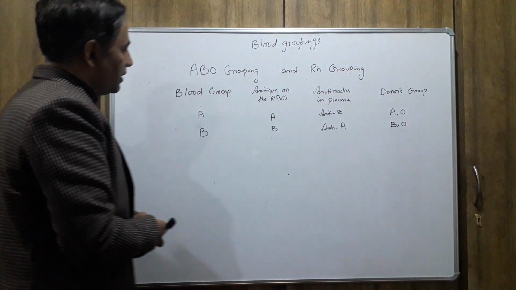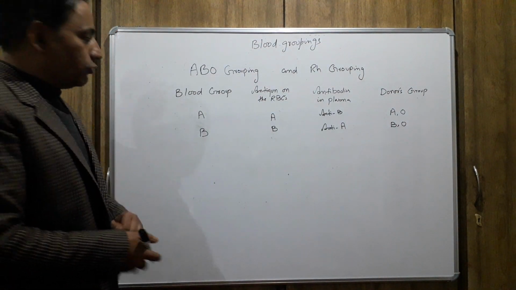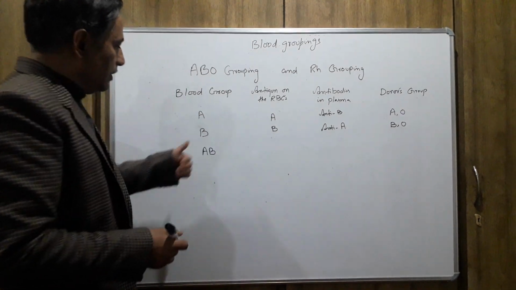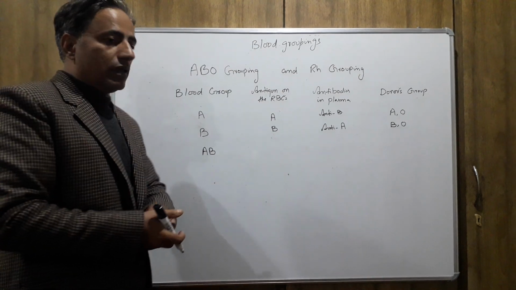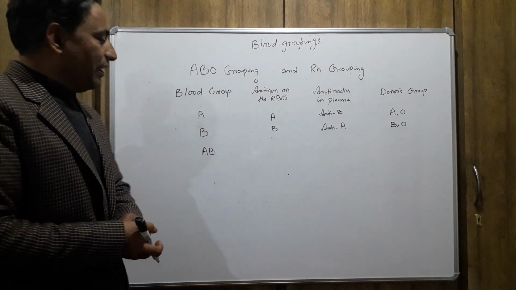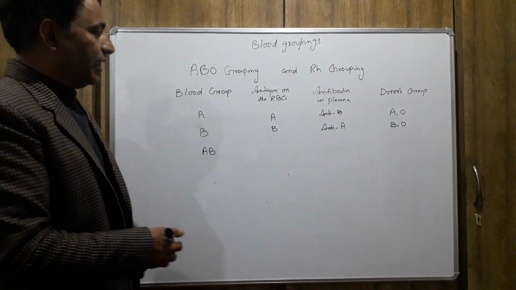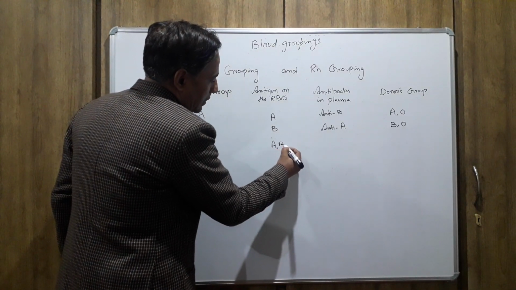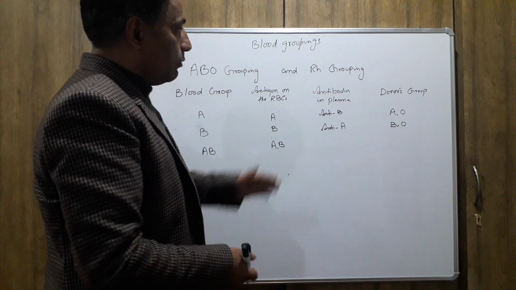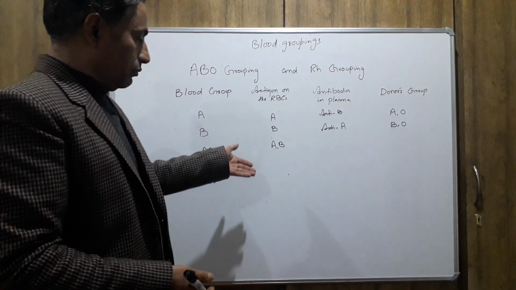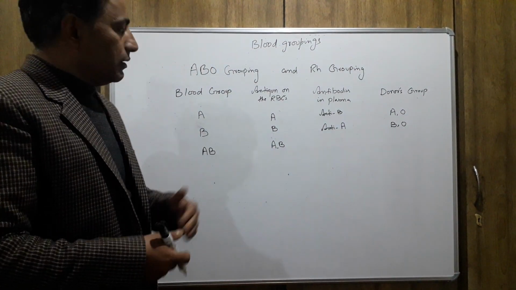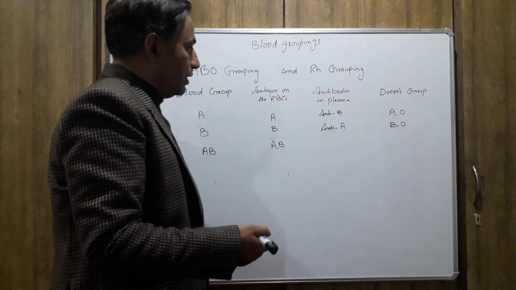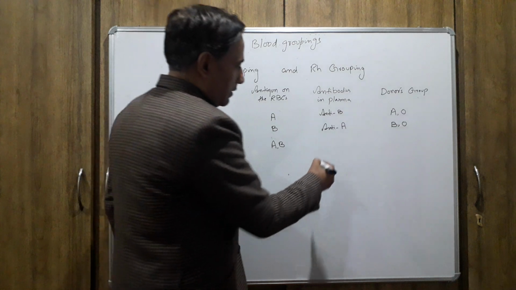Okay. Now similarly, if a person has a blood group AB, that means the RBCs in such an individual would contain both of the antigens, antigen A and B. And because both antigens are present, there wouldn't be any antibody in such a person's plasma.